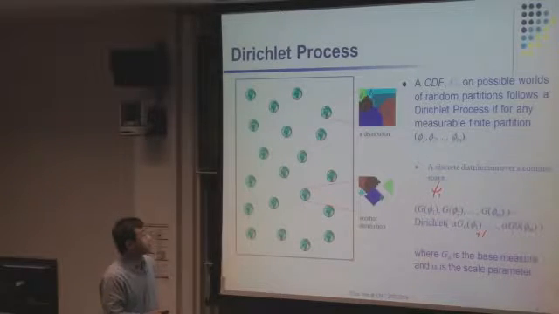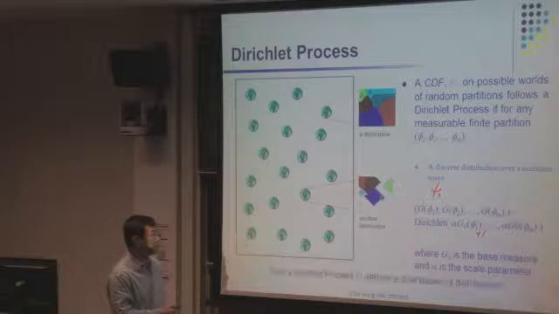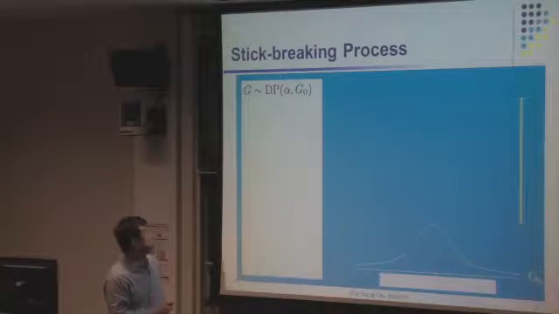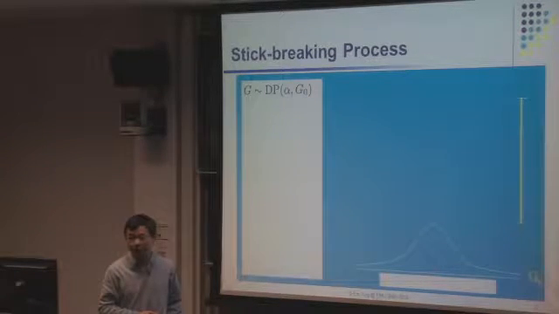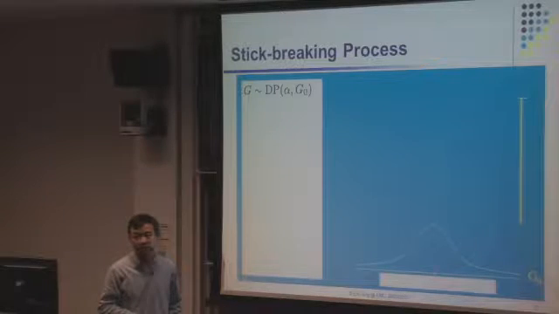And then we talked about a number of metaphors to describe and even to help with the inference of this process. And here is a metaphor called the stick breaking process. Hopefully you still remember. So basically the whole random distribution is characterized by two things.